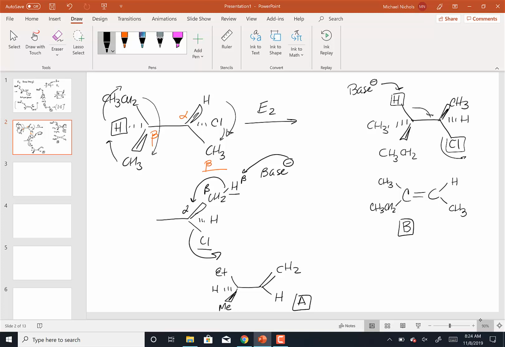And you have to manipulate the molecule in order to get the beta hydrogen, in this case on the left, anti-periplanar to the chlorine. And to start with, we'll say they should probably be both on the plane, the bonds that are in the plane of the screen or paper. So that's how we have to manipulate to get the proper stereochemistry in a non-cyclic system.